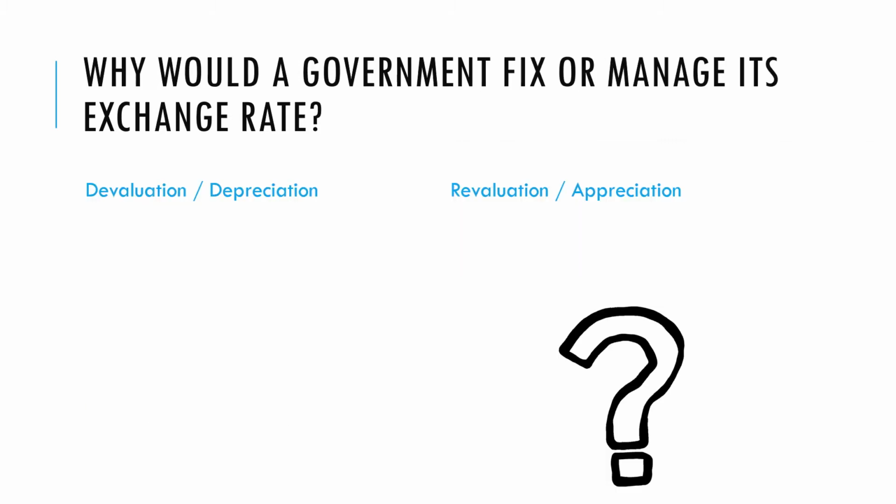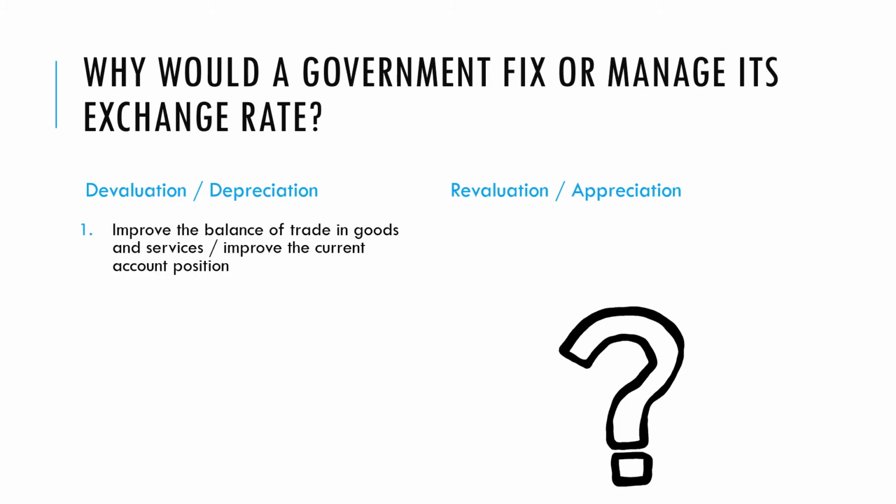So why would a government want to fix or manage its exchange rate? Let's break it down into two halves. First of all, why would a government want to devalue or try and encourage a depreciation of the exchange rate? Well, a weaker currency would make exports cheaper, and so potentially we'd export more and we'd improve the current account position.